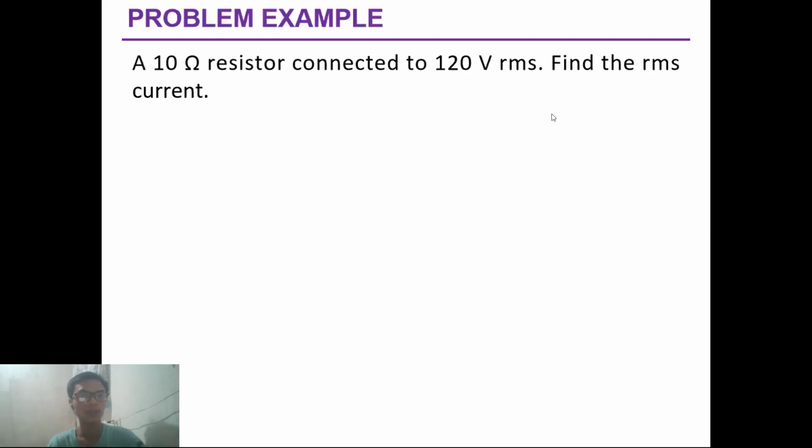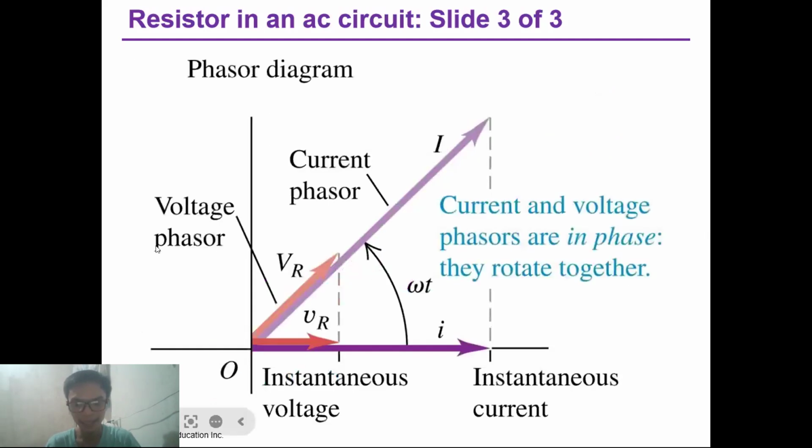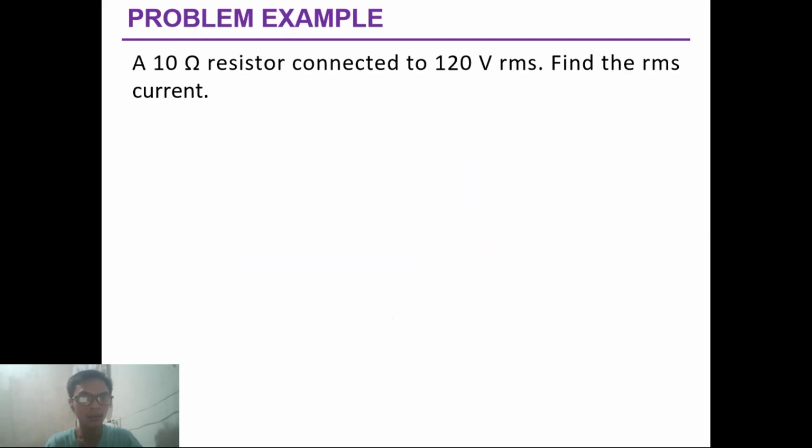So we have here an example. A 10 ohm resistor is connected to 120 volts RMS. Find the RMS current. We need to divide the voltage over the value of the resistor, which is 10 ohms.